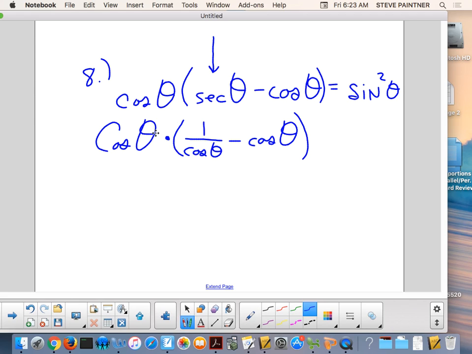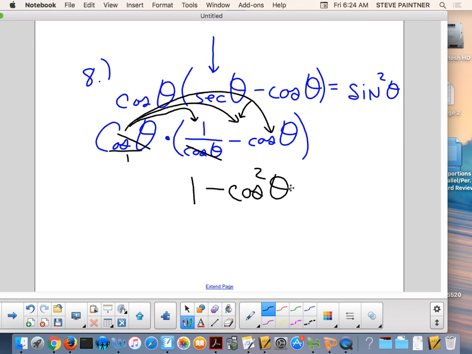All right. Now, you could go inside and do what's in your grouping, so you could add these two together. But to be honest, I would just run your multiplier through. I would distribute it through once, twice. Here it's cosine over 1 times 1 over cosine. Here the cosines would cancel out, and you'd end up with 1 minus cosine times cosine is cosine squared.